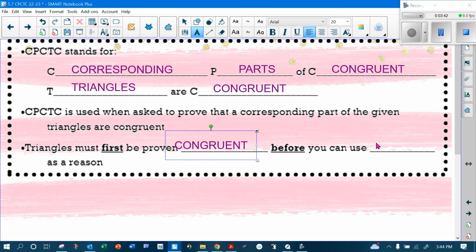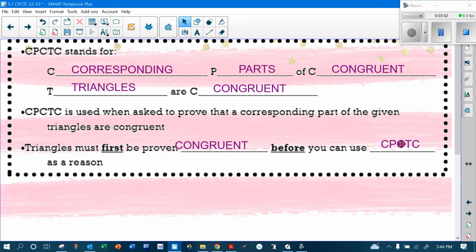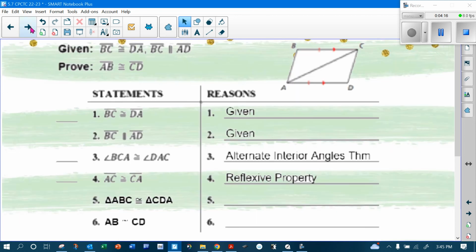You will never use CPCTC before you actually tell me the triangles are congruent. So you're going to have to say, hey, these two triangles are equal to each other before you can use this reason. Okay? All right, so let's go through and see what that looks like.